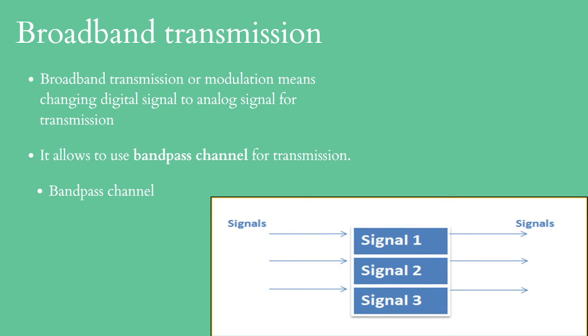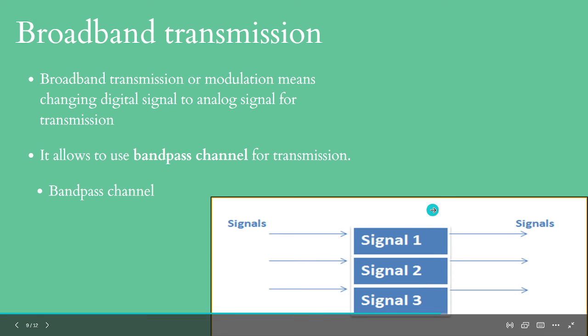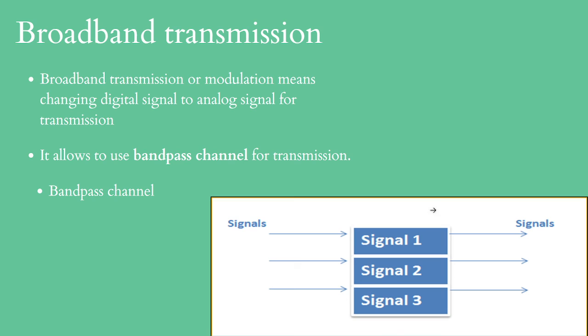Then we will move towards broadband transmission. Broadband transmission means we can transmit more data in the same time, multiple data in the same time. As you can see here, signals 1, 2 and 3 contain different data, but we are transmitting them in a single time only.